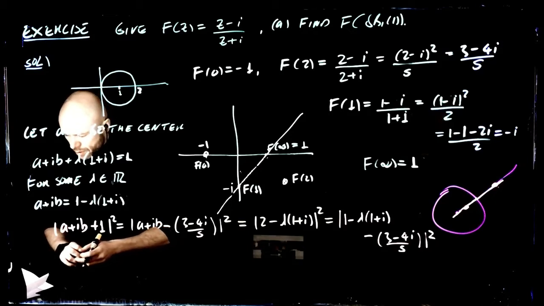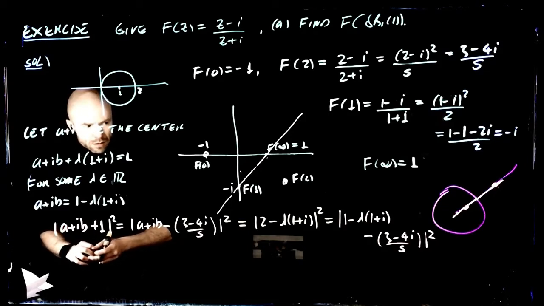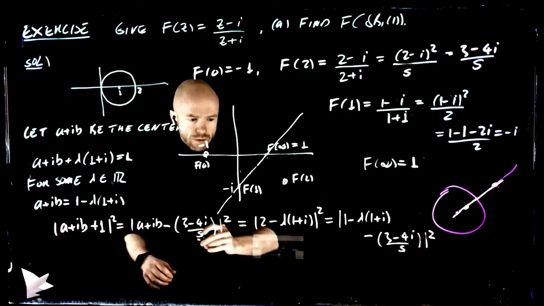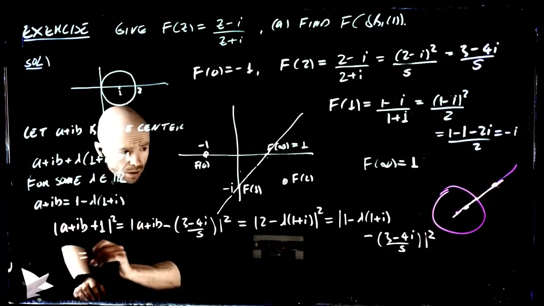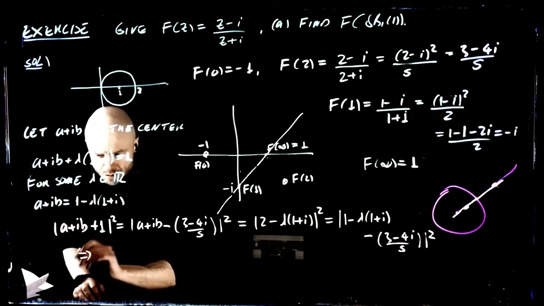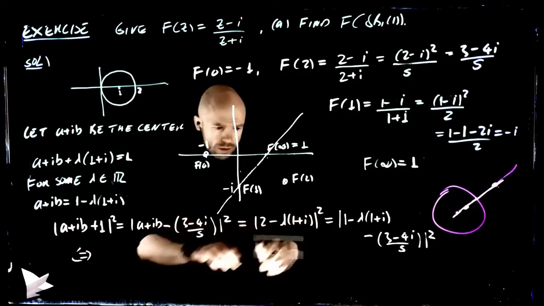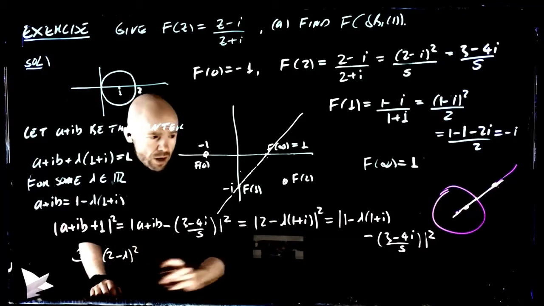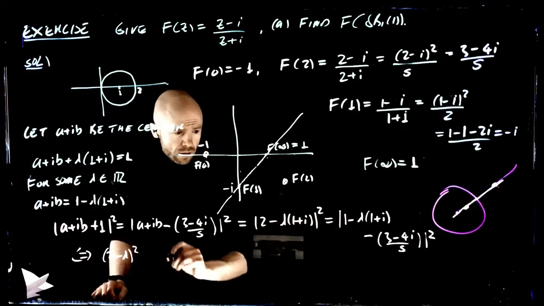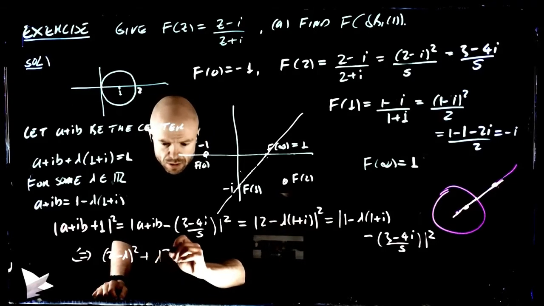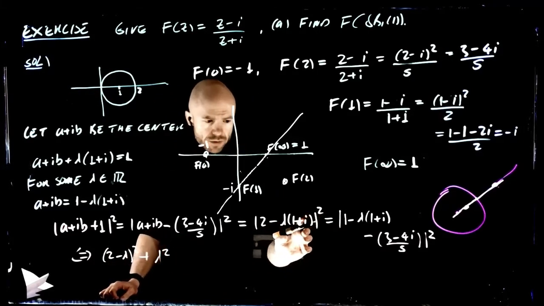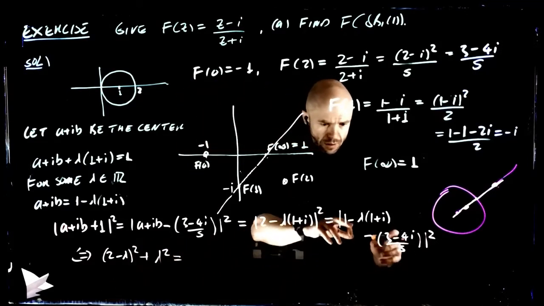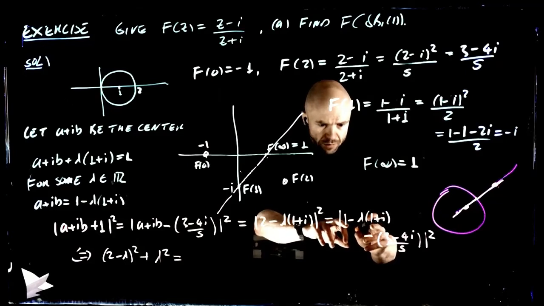And I want to make sure I do not make errors, because this was really bad when I made errors previously in working them out. Okay, let's do this. So when we have 2 minus lambda squared, taking the real part of this thing, and then plus lambda squared, which is this thing, right? And then that thing has to be equal to, let's take the real part of this.